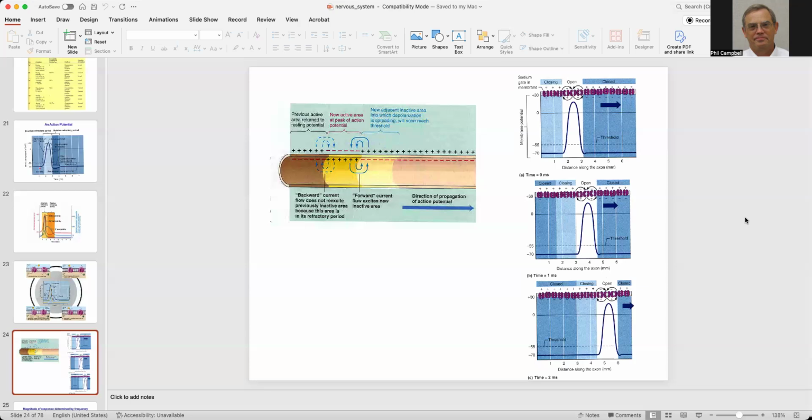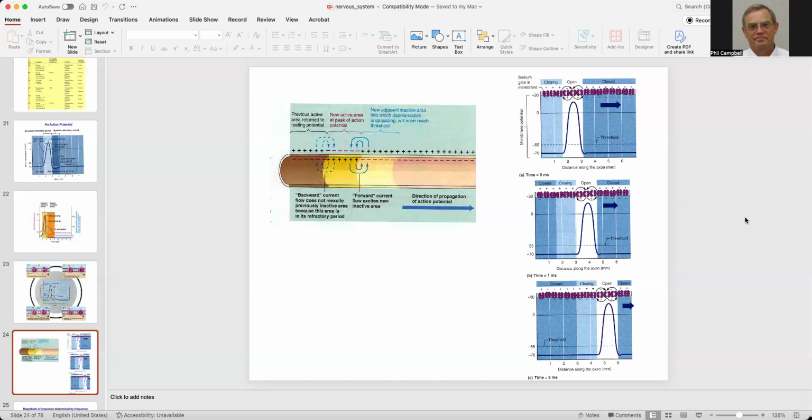Now, if we have this long axon in nature, it has a beginning because we initiated here at the axon hillock. It goes in this direction. Always. However, experimentally, I can put an electrode anywhere I want along the length of that axon. So if I stimulated the axon hillock, it goes from here to the end. However, if I take that electrode and put it in the middle, what's going to happen?